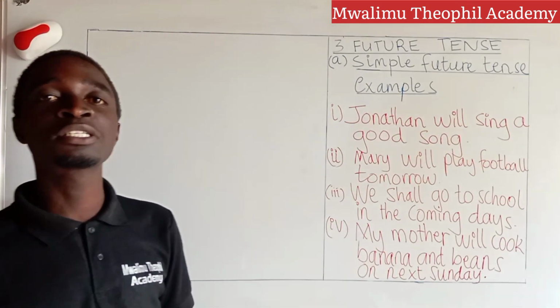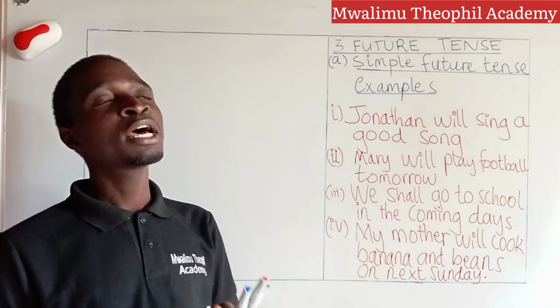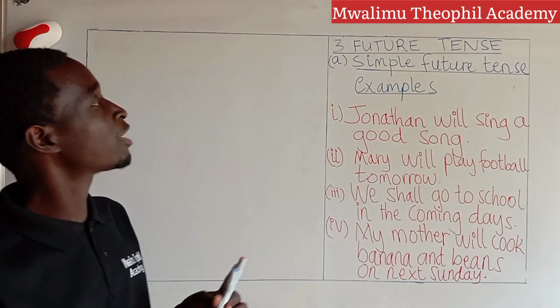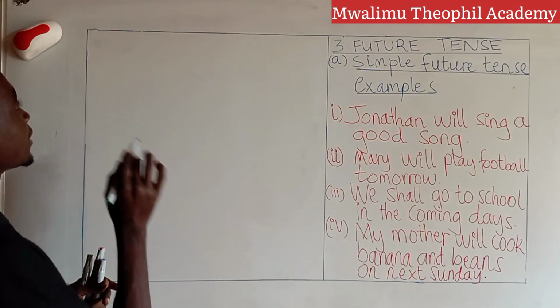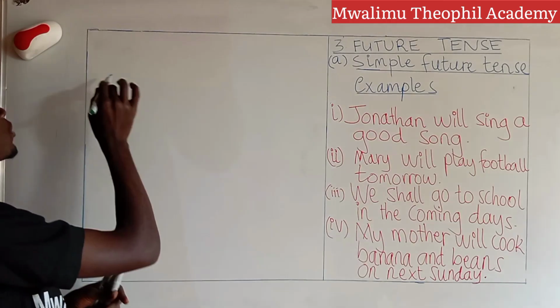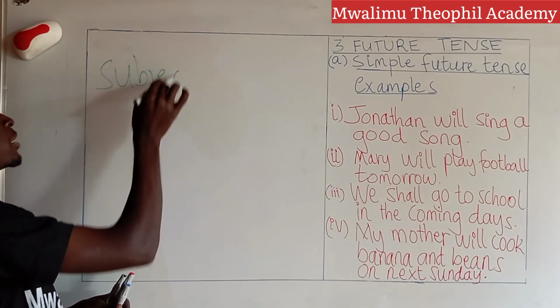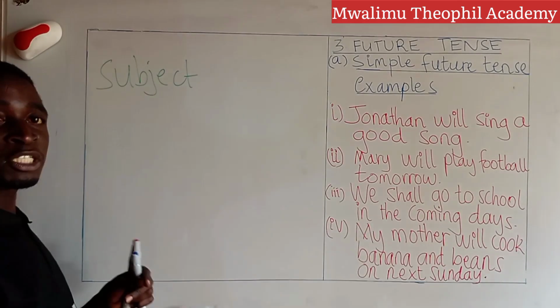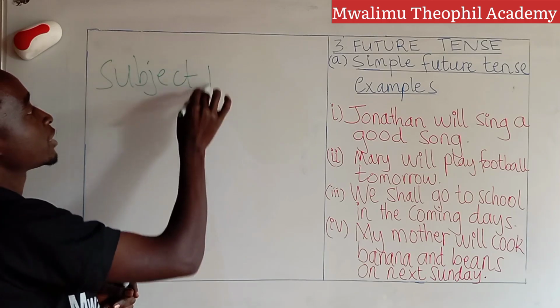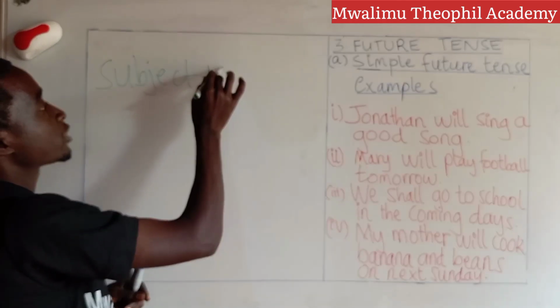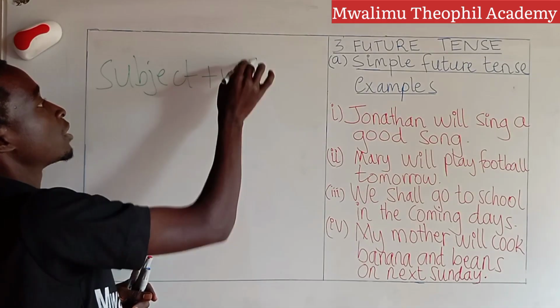Any sentence which is in simple future tense is a sentence which obeys the following rule. That sentence should start with a subject. After a subject, we add the word will or shall.